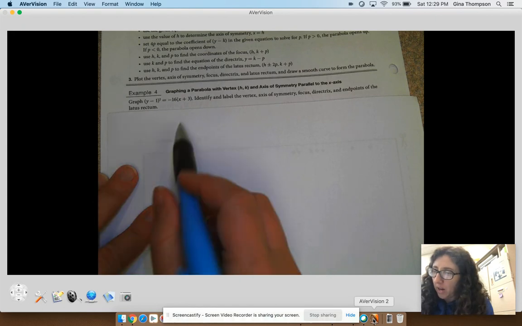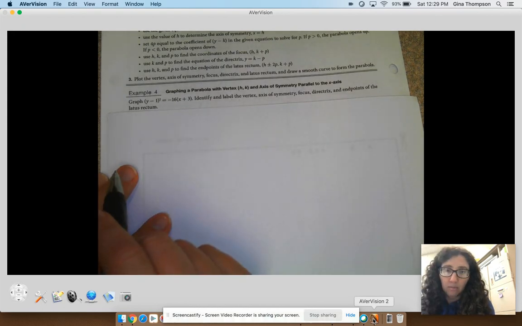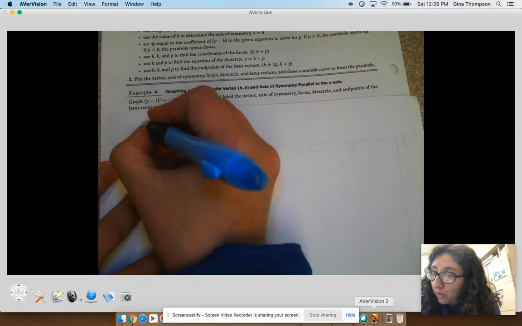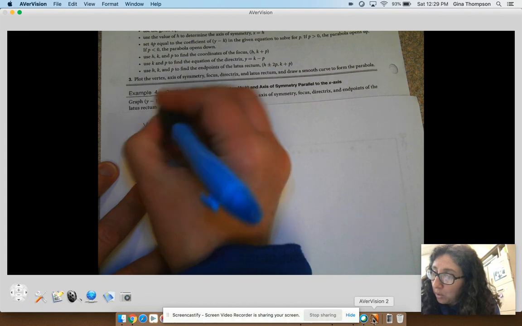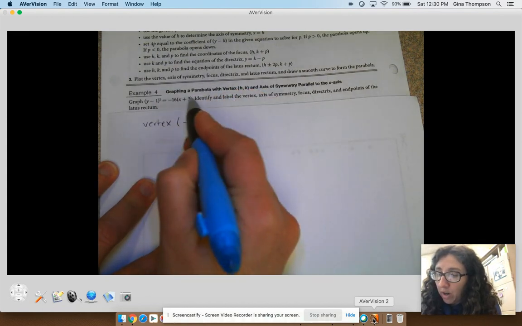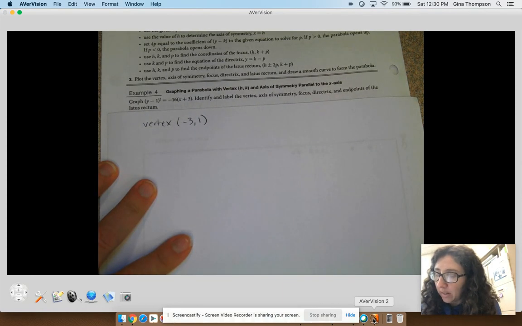So same thing, identify and label the vertex, axis of symmetry, focus, directrix, and endpoints. Okay, so let's see. First of all, where's the vertex? The vertex is going to be at negative 3, 1, right? The x value is negative 3 and the y value is 1. Okay, so there's the vertex.